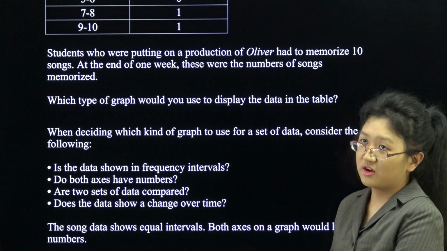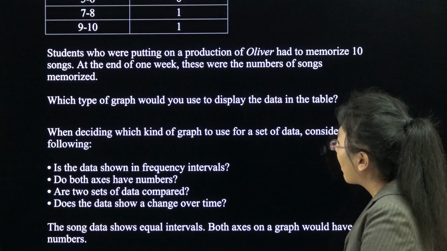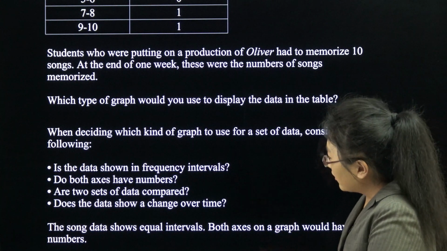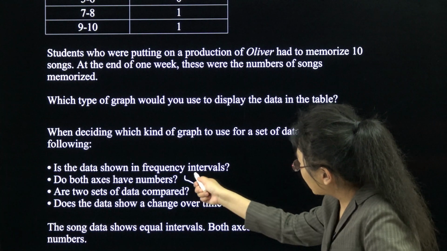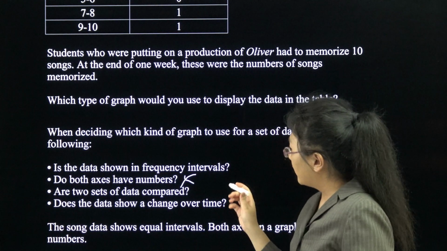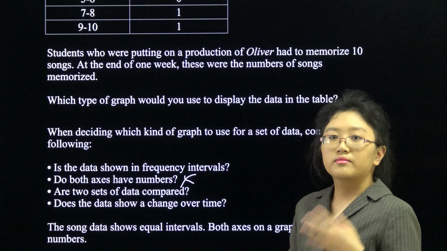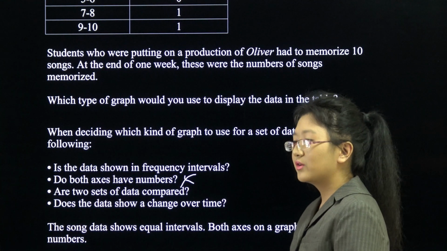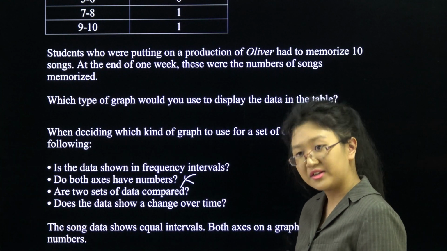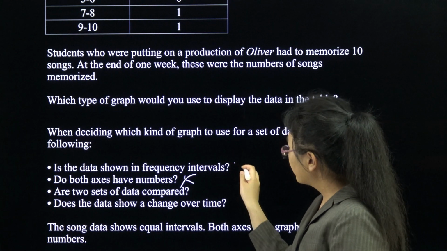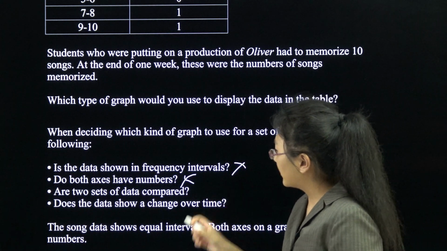It's the 10th month of the year, but do both axes have numbers? We just talked about that. Is the data shown in frequency intervals? Well, the ones that have frequency intervals are usually histograms. So we talked about that.